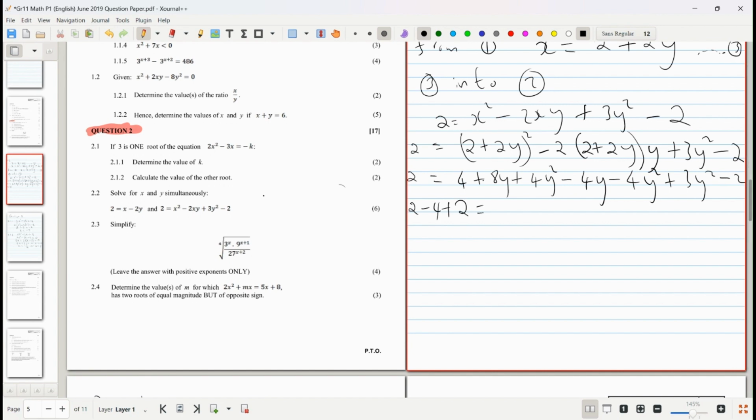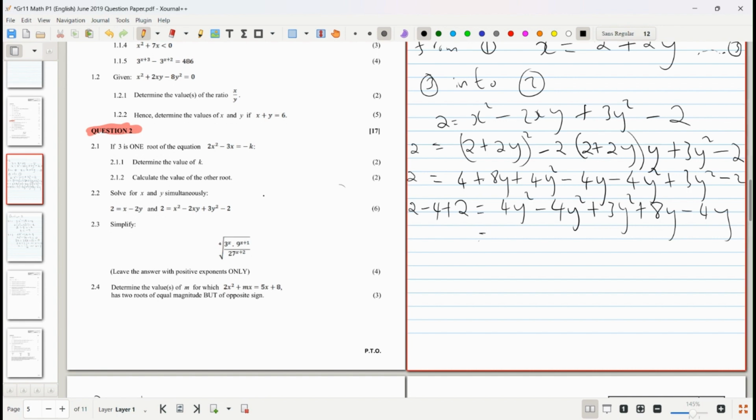The next one here, we have 4y squared, and then this one minus 4y squared, and we have 3y squared. And the next one, we have 8y plus 8y minus 4y. So it's okay to double check and confirm if everything is being recorded.